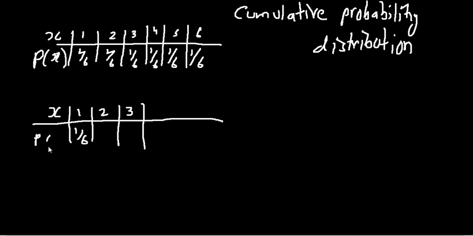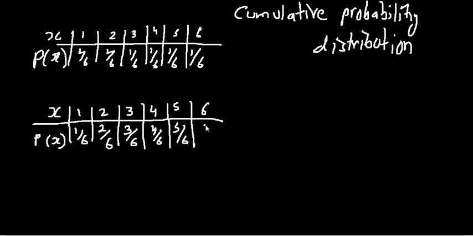The probability of getting 1 is 1 over 6, but the probability of getting up to 2, that's 1 and 2, is the addition of these two probabilities, which is 2 over 6. The probability of getting up to 3 is the addition of these three probabilities, which is 3 over 6. You can see how it works. So for 4, 5 and 6 it's going to be 4 over 6, 5 over 6, and here it will be 1, the probability of getting up to all of its outcomes. If you add all the outcomes, you get 1, don't you?